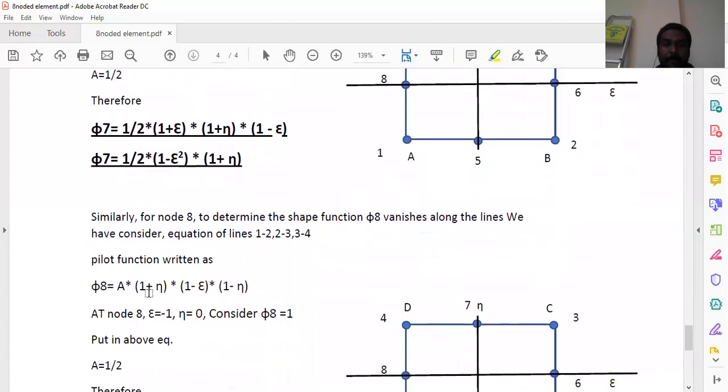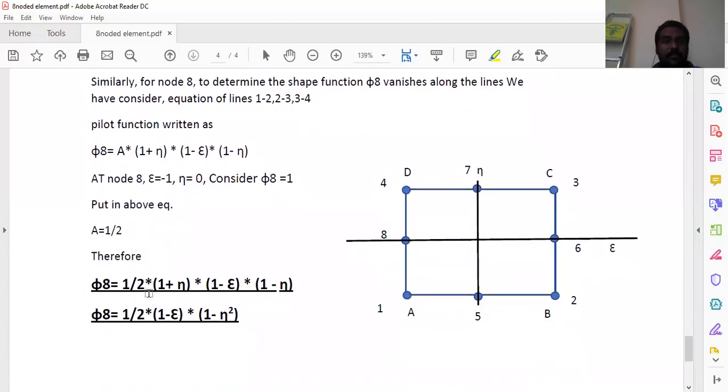Similarly, when you are calculating the shape function at node number 8, again consider the lines that will cover all the remaining nodes. Here by using 1-2, it will cover these three nodes. 2-3, it will cover three nodes. 3-4, it will cover these three nodes. So we have the 1-2 equation, 2-3 equation and 3-4 equation. These three equations we have written with a constant.